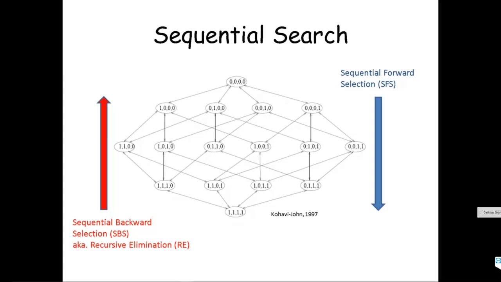And the population can be, in this case, described as a matrix with 100 columns and 1,000 rows. Okay. I have 1,000 individuals. Each individual describes whether or not they will use the first feature, whether or not they will use the second feature, and so on. It's a binary vector describing which of the 100 features they will use for classification. Okay.